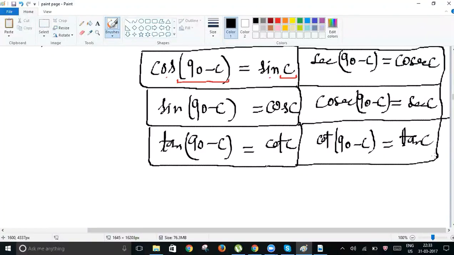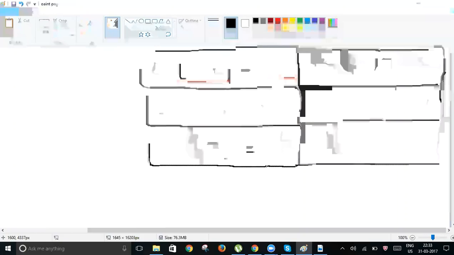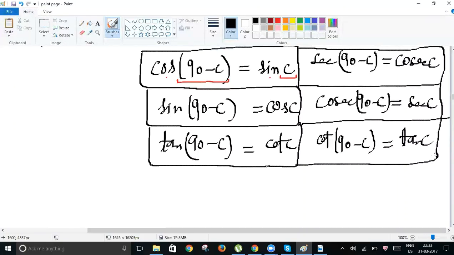Have you noted them? I'm doing it right now. Is the sec, cosec and cot not important?